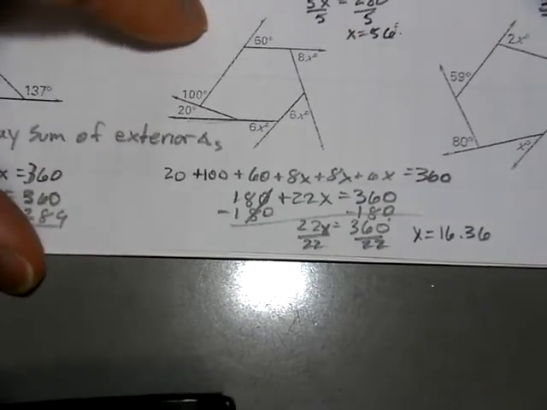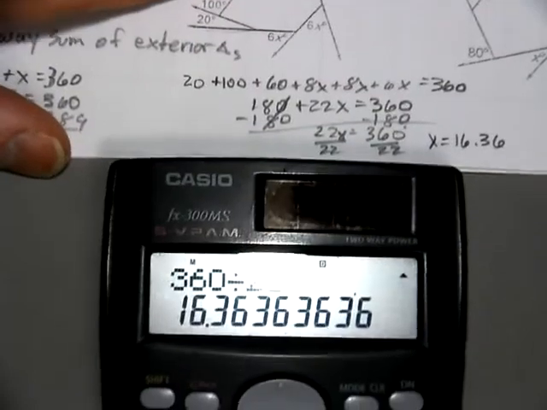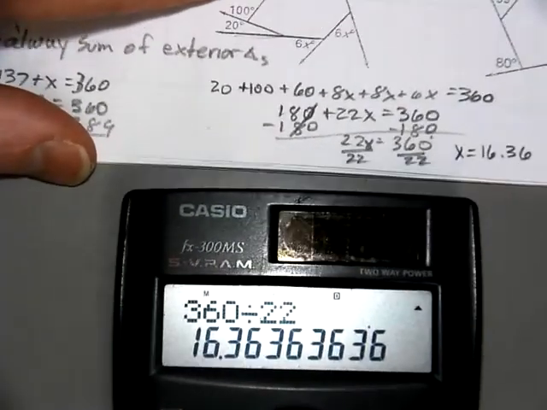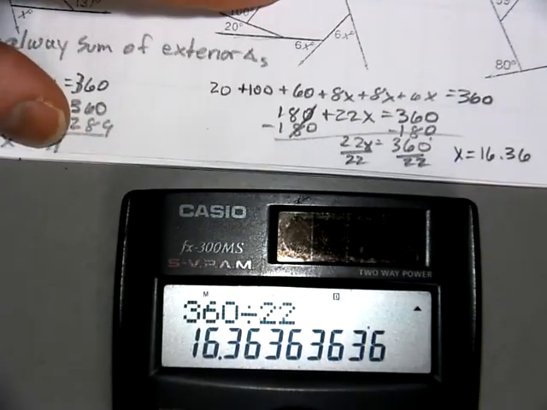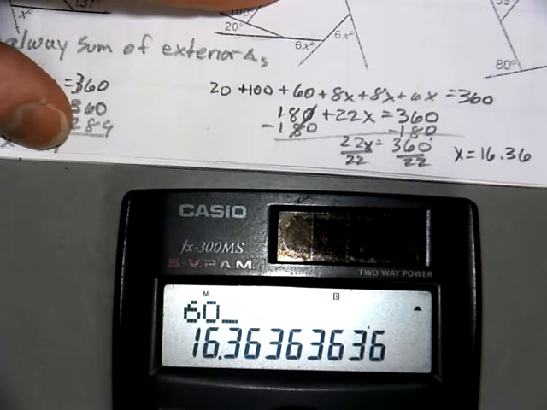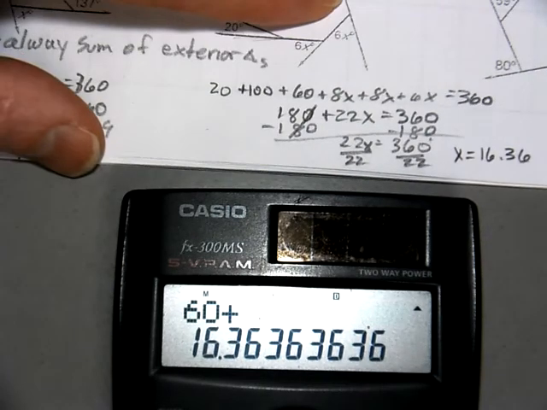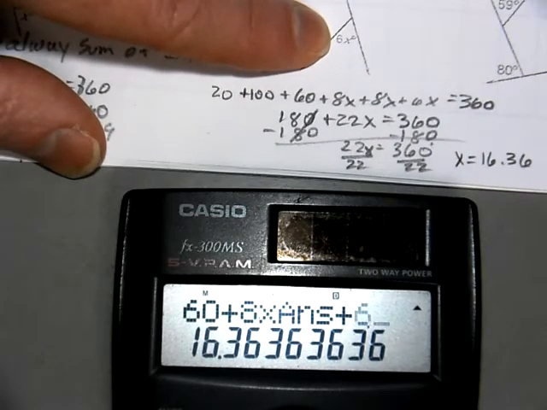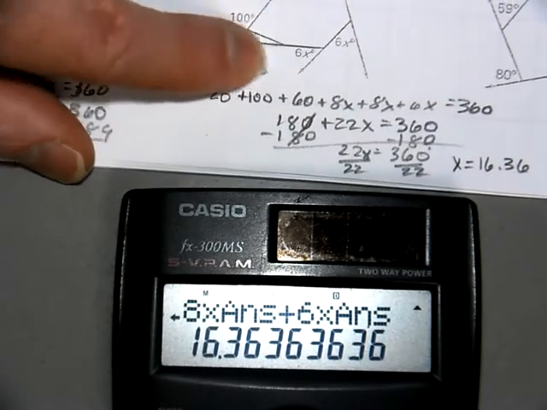One way you could test that, if you care to go this far into it, you could take the 60 and the 8 times your answer plus the 6 times your answer.